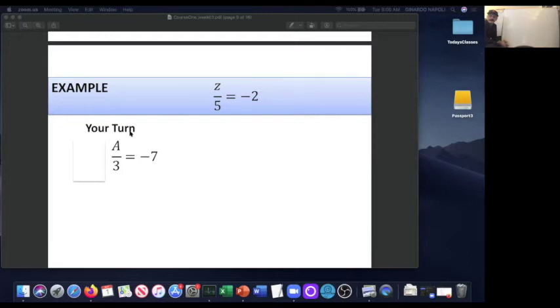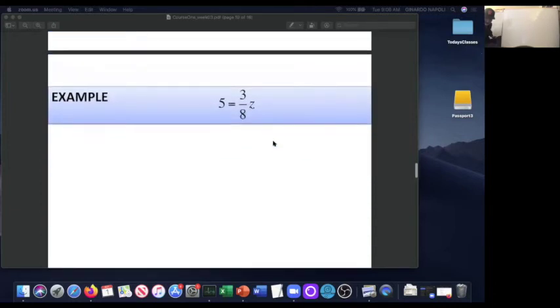Is it -21? Correct, it's -21. And again, you can think about it: what number divided by 3 would get you -7? You could always think about that, so -21.